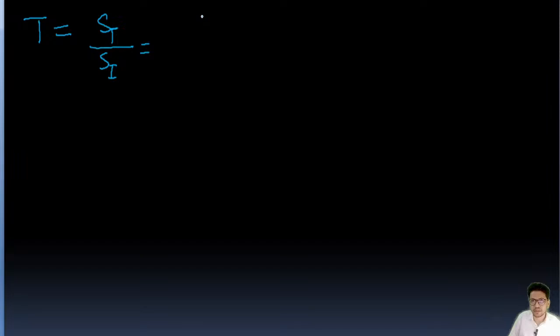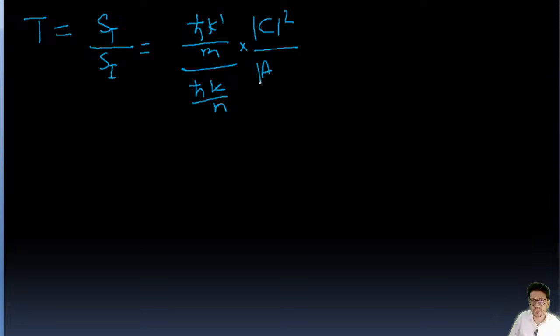So this is h cut k dash upon m upon h cut k upon m, times mod c square upon mod a square. H cut upon m will get cancelled, and this gives k dash upon k mod c square upon mod a square.